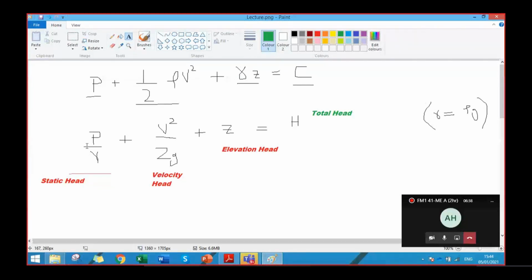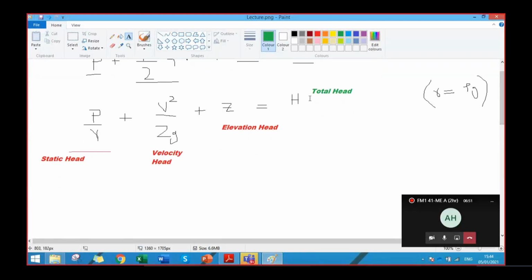Yes, sir. So if we are familiar with the head form of the Bernoulli equation, then we can draw two lines, that is the energy line and the hydraulic grade line. The energy line represents the total head.